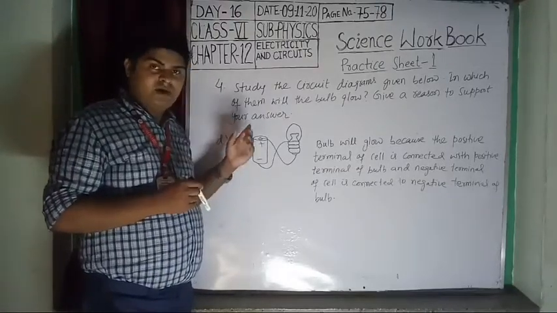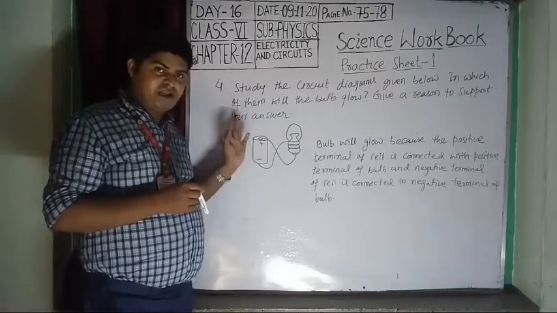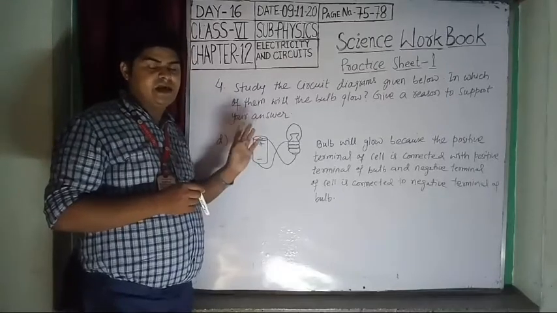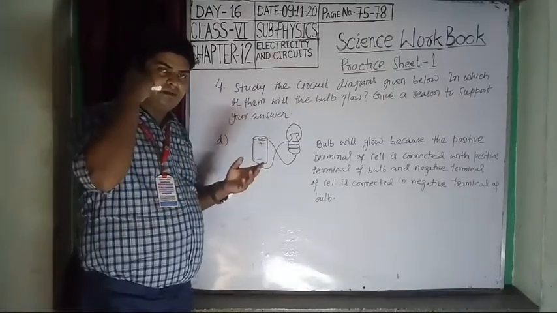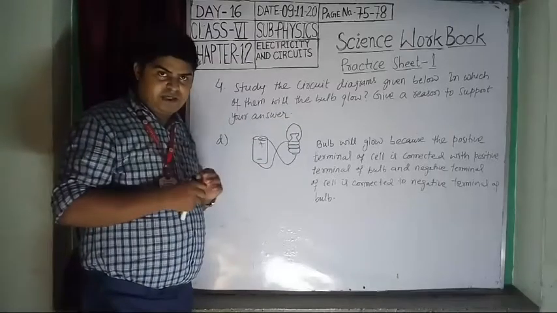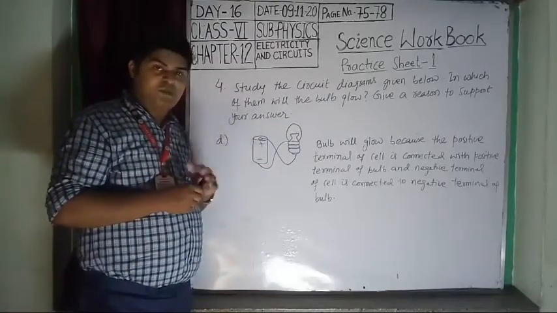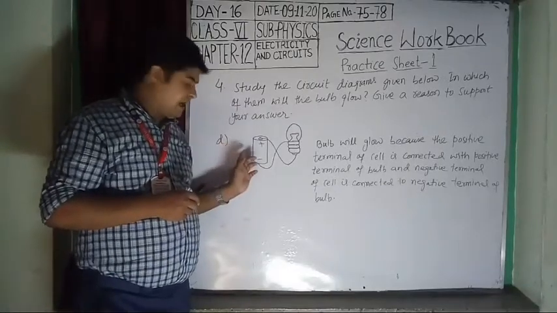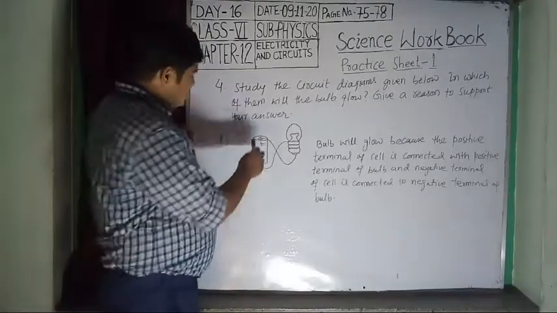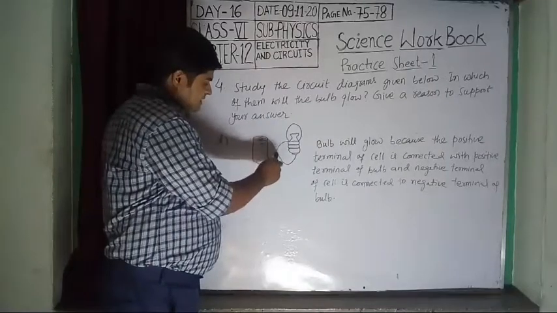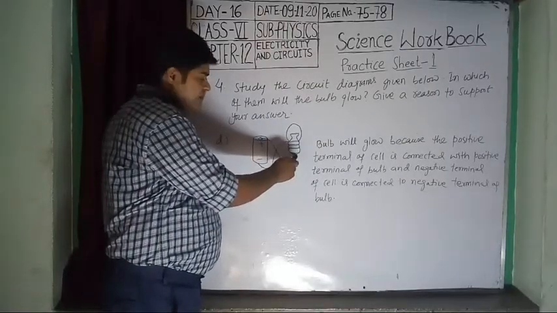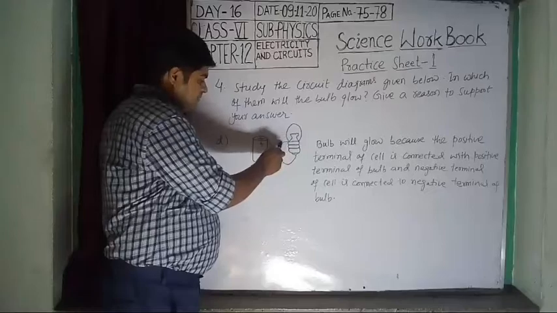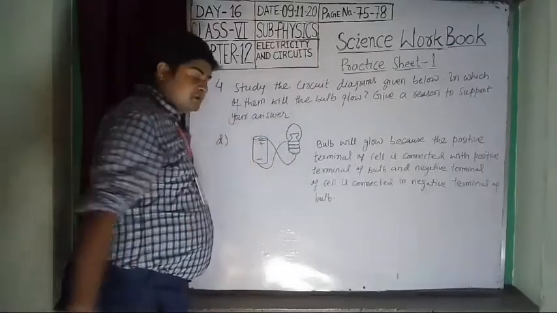You will do A, B, and C by yourself. There may be some reason, maybe a wire is broken or the circuit is not properly completed, so the bulb will not glow. But D I have solved here. See, the positive terminal of the cell is connected with the positive terminal of the bulb, and the negative terminal of the bulb is connected to the negative terminal of the cell.